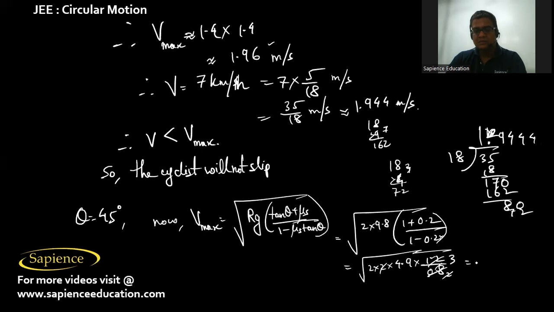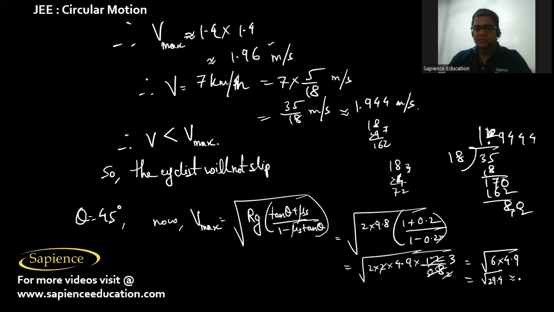Then this will be 2 threes are 6, 6 into 4.9, so it is root over 29.4.